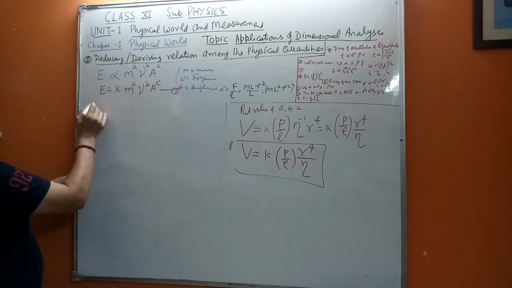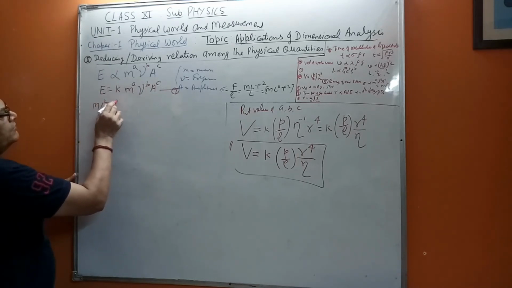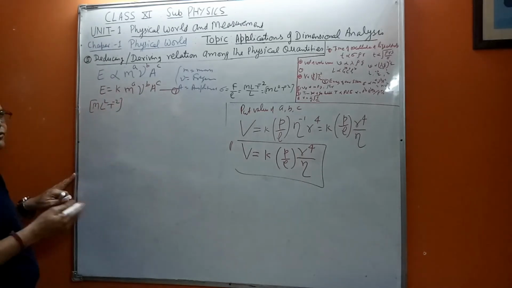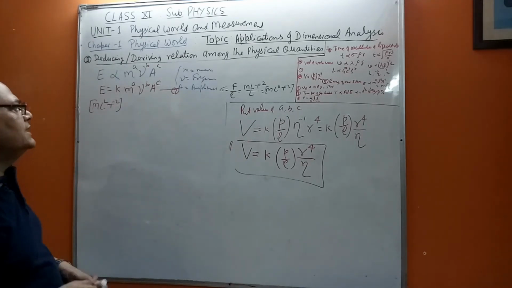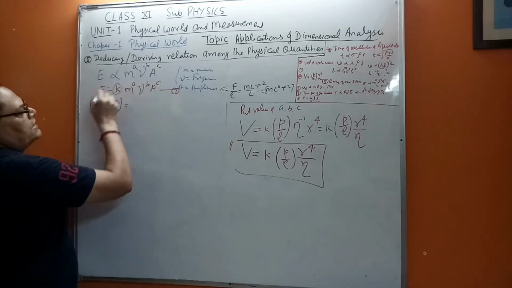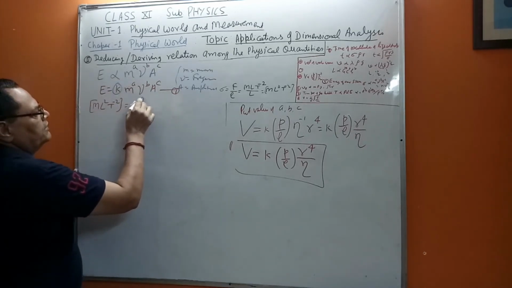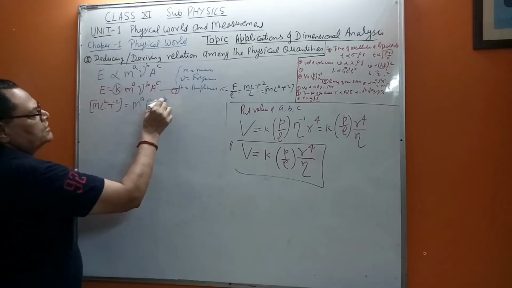Write the dimensional formulas of both sides. So you will see energy is ML squared T minus 2. As I told you, if you know it, you directly write it down, otherwise you can try it somewhere on the side. Now K is dimensionless. M raised to power a, frequency is reciprocal time, that is T raised to power minus 1 raised to power b.